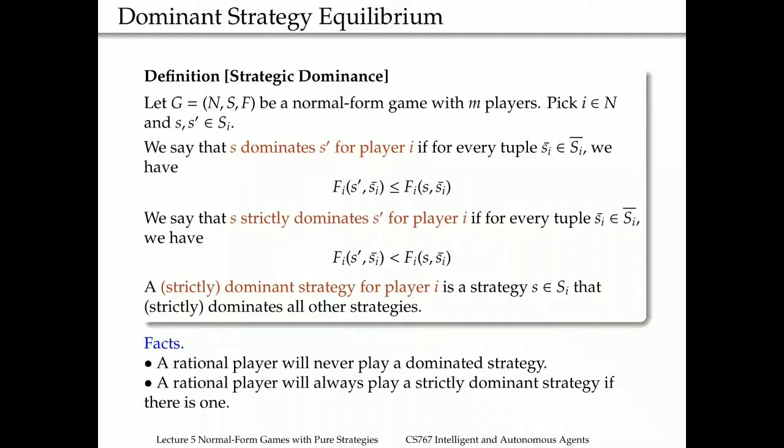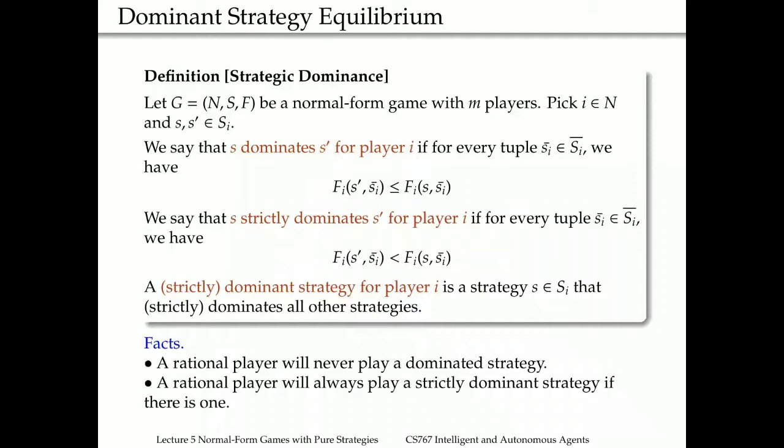It says that no matter what the other opponents do, what you get from s is strictly better than what you get from any of the other strategies that you can choose. Right? So a strictly dominant strategy for player i is a strategy s that strictly dominates all other strategies.